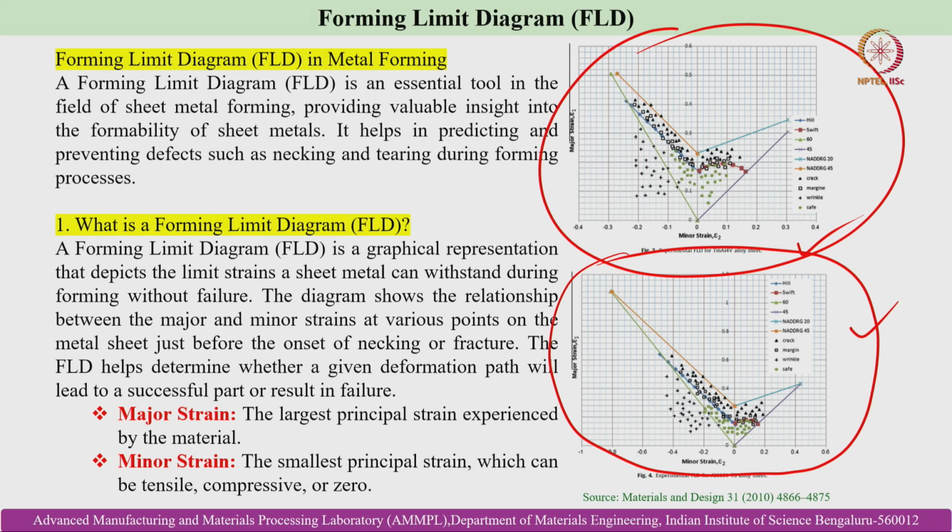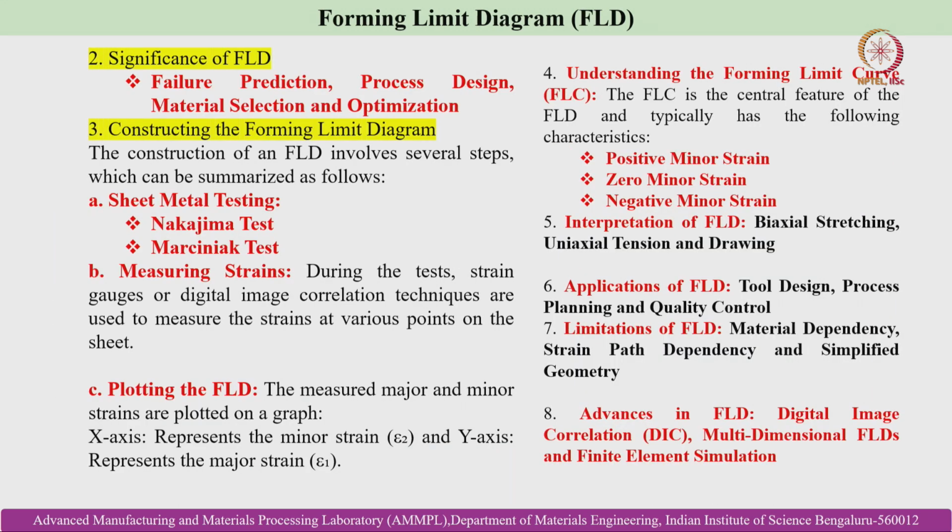The major strain is the largest principal strain experienced by the material, and the minor strain is the smallest principal strain, which can be tensile, compressive or even 0. Basically, FLD decides the deformation zone for that particular material, where it can be processed without causing defect formation or failure of the sheet metal during part development.